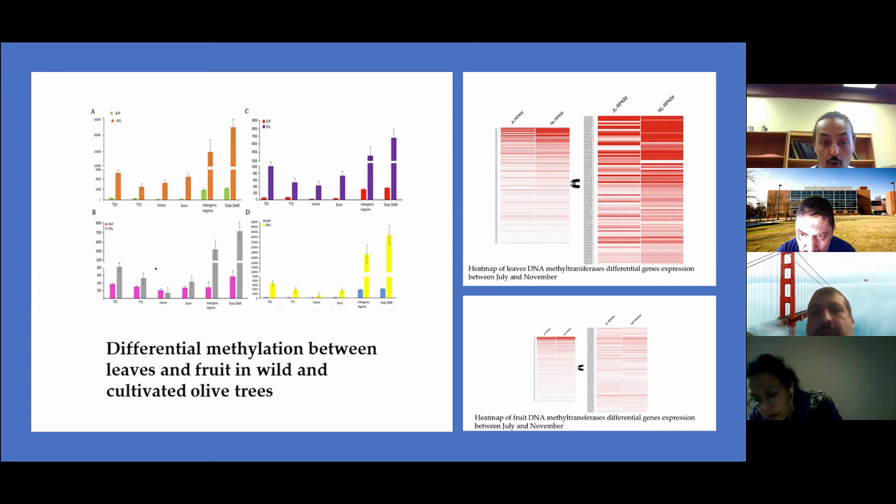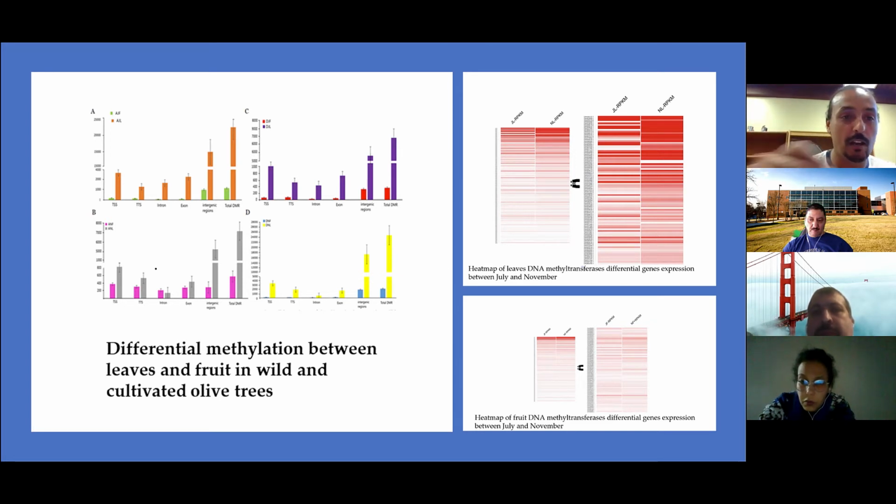So here, we took the wild, we took the cultivated, and we just compared the methylation in the leaves and the fruit. This is the first thing that I told you about. We compared two different organs. Vegetative organ, which is the leaf, and a productive organ, which is the fruit. We found out that there is more.